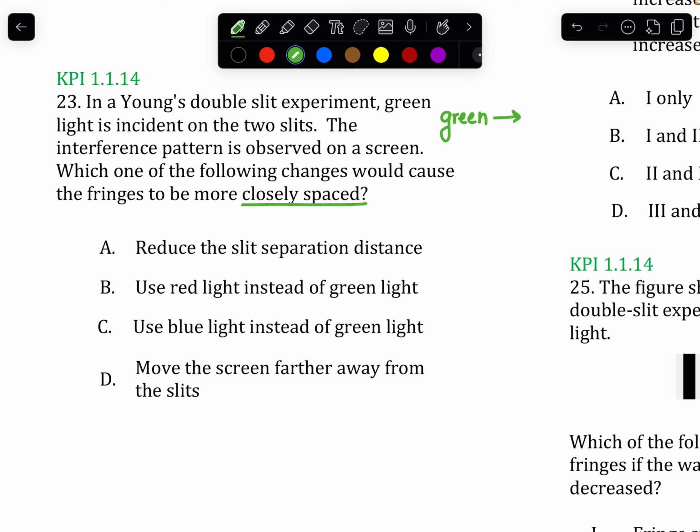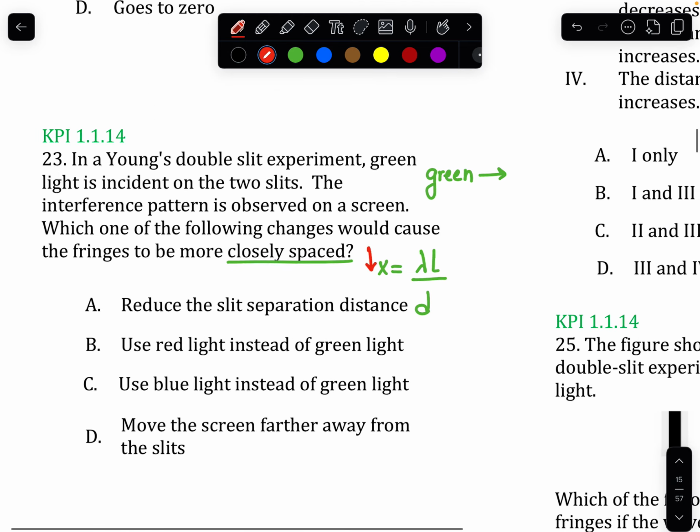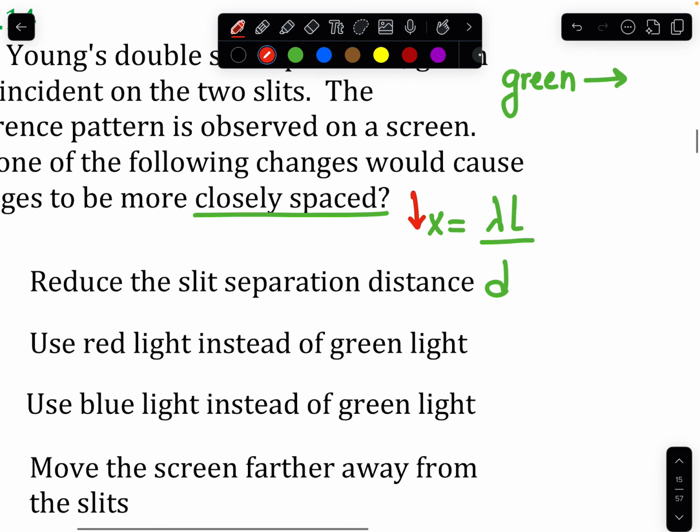I should be using, let's say here, X equals lambda L over D. In order to have a lesser X, this means closely spaced, X is less.